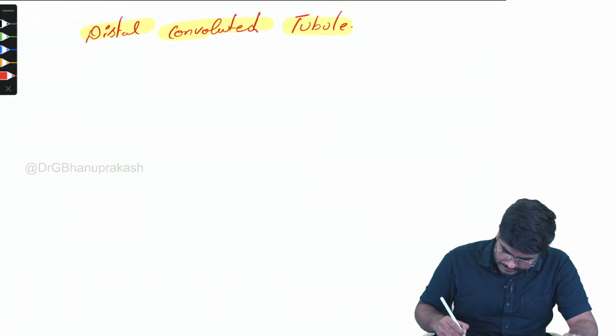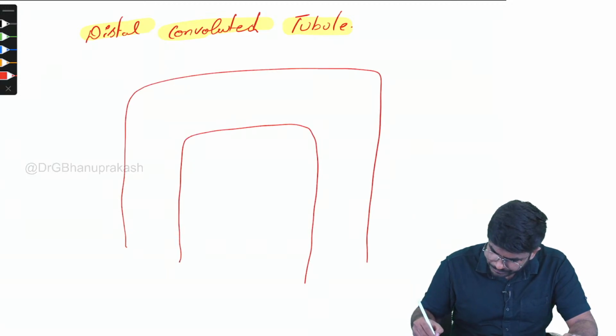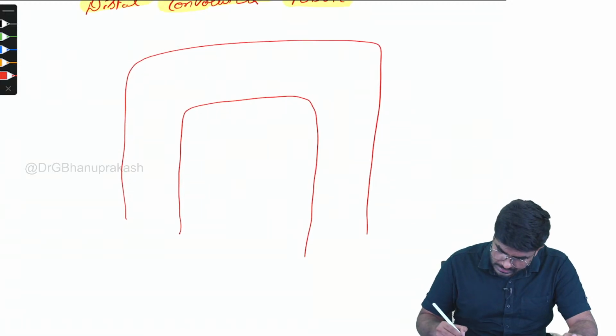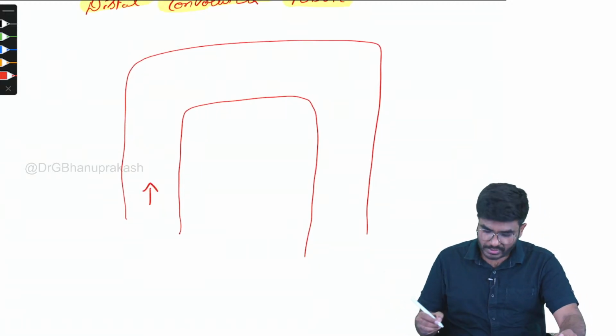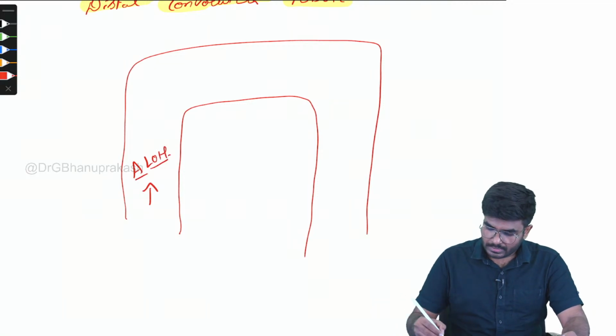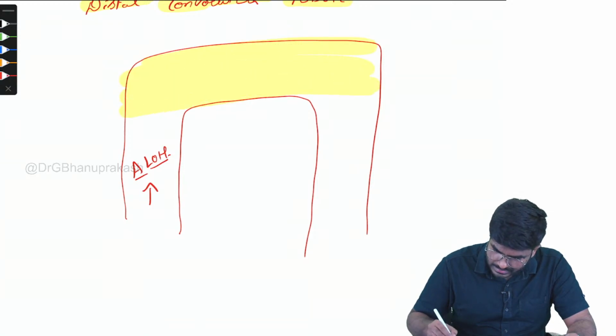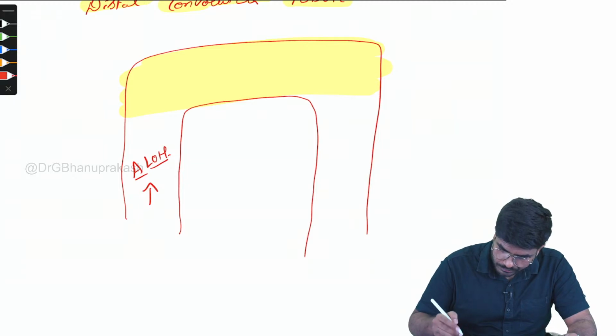Now let's draw a very simple diagram. Okay, distal convoluted tubule. This is the ascending limb of loop of Henle. Here is this turn which I am highlighting right now. This area is the distal convoluted tubule, DCT.